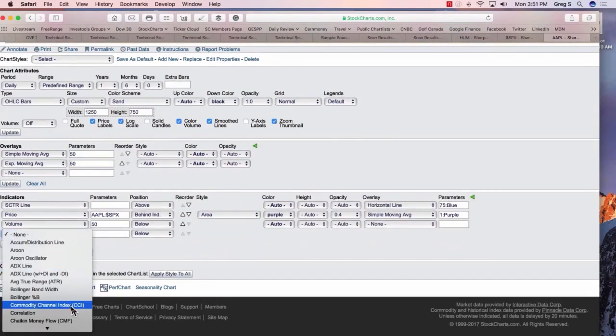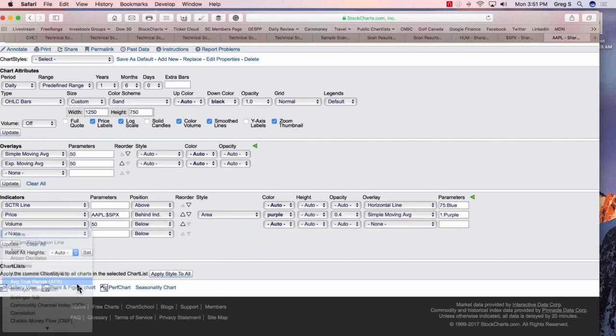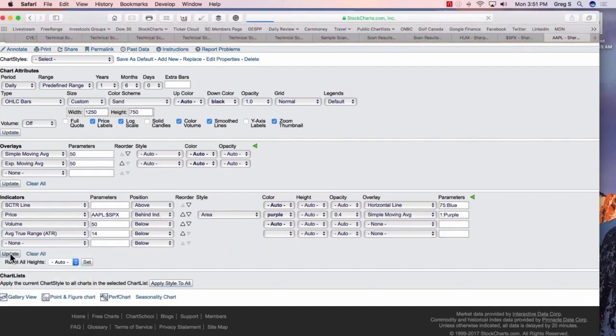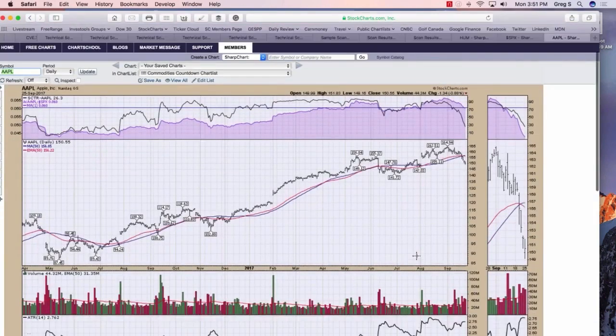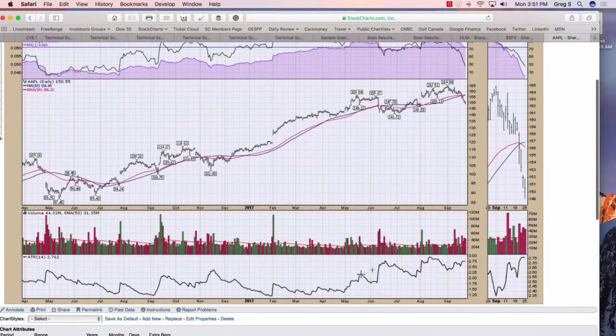So one of the ways to plot that, the average true range, is one method. What you see on here is that as the price gets bigger, the average true range is still moving up. Now, I'm not sure that there's enough of a signal along here, but one of the things that happens is volatility, especially in the indexes, does start to pick up as the market tops out.